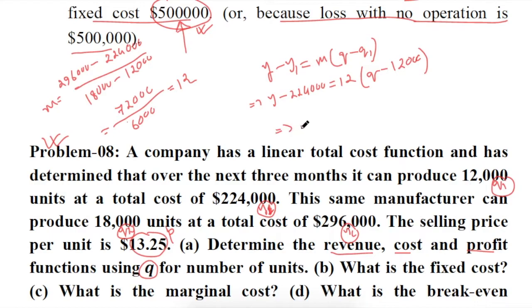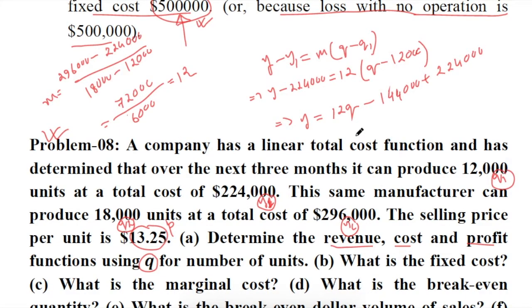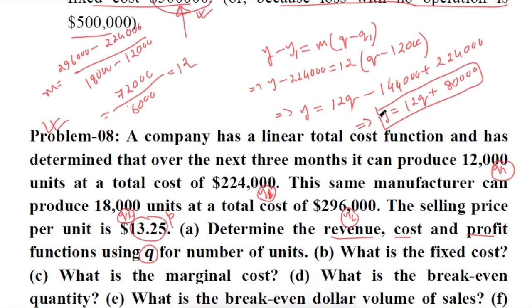This implies y equals 12q minus 144,000 plus 224,000. So this implies y equals 12q plus 80,000, and this is your cost function.